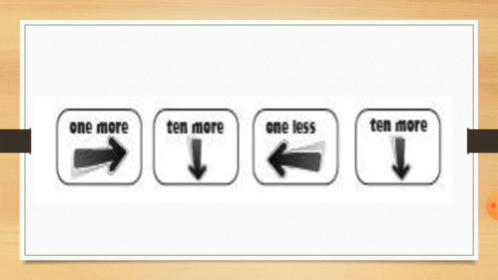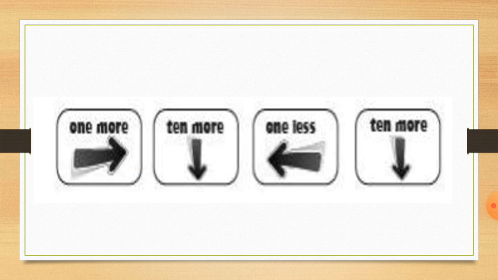I repeat, please keep this in your mind. If you want to add one, you just go one step to the right. You can see this arrow is pointing to the right side. So whenever you add just one, you go right one step only. Just keep this in your mind.